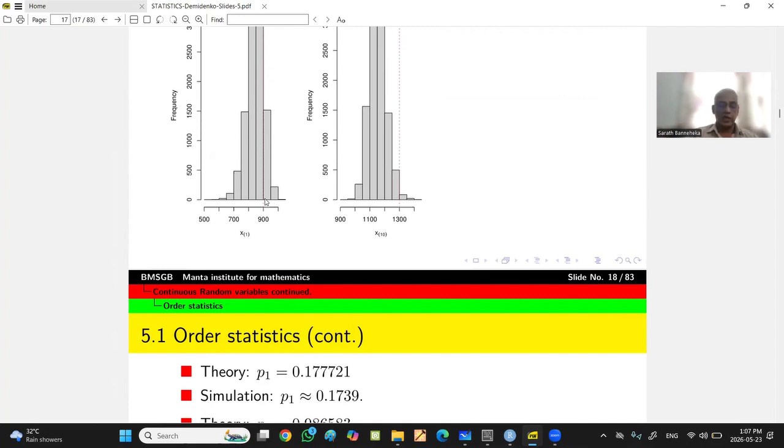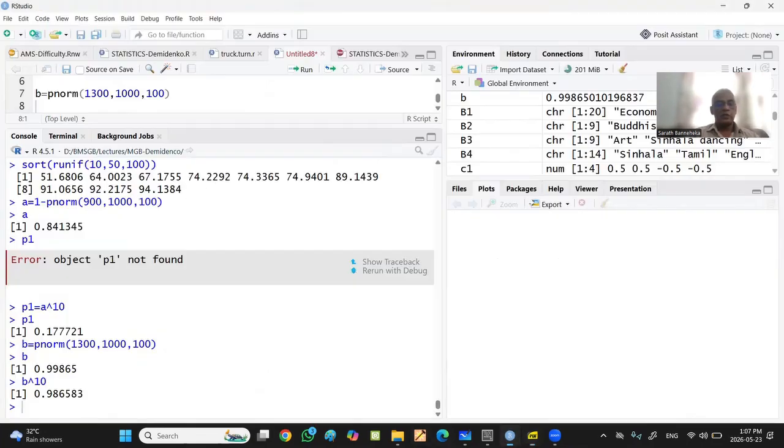What command can I give for that? Suppose I have all my first order statistics values in capital X1. Now I want the number of x1s greater than or equal to 900. So this is the condition. If I give this condition, out of these 10,000 values, some will be true and some will be false.